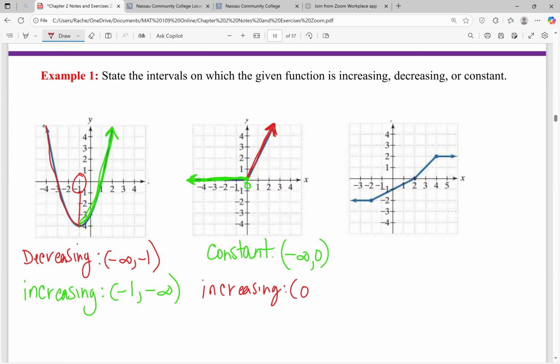So suppose for this case, let me do red. Here's x, here's y. If I had something like this, and let's say this is the point (1, 1).